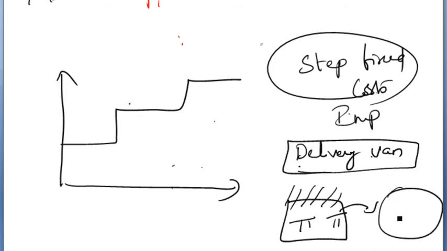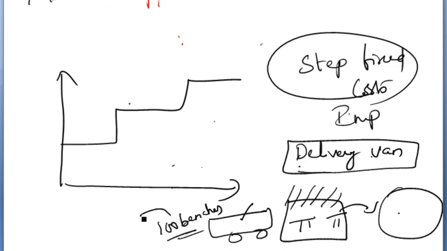All these benches have to be transported from this factory to the showroom. So let's say this is the delivery van. The capacity of a delivery van is obviously limited. Let's say 100 benches maximum it can transfer. The cost of a delivery van, with driver expenses, diesel expenses, depreciation, everything put together, is 5,000 per van.